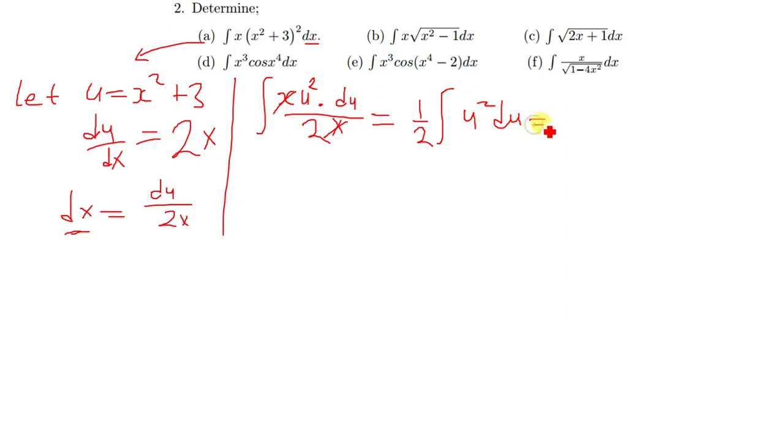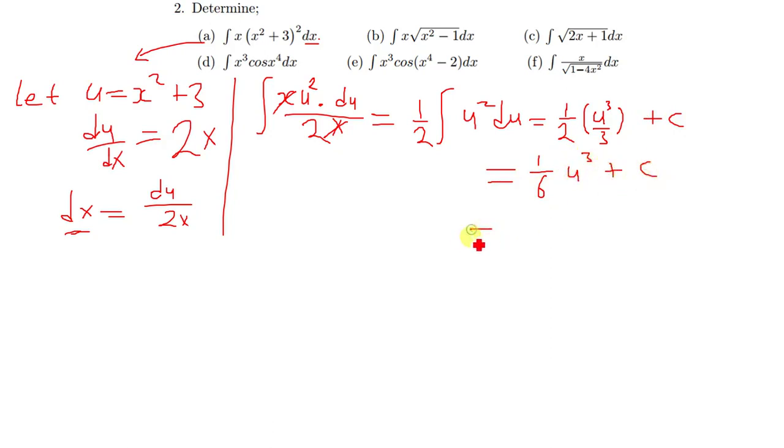How do you integrate this? When you are integrating this, we're going to add 1 to the power there. So you're going to have first 1 over 2, and then you add 1 to the power, meaning you're going to have u to the power 3, and then over 3, over the new power, and then plus c. So our integral there will be 1 over 2 times 3, you get 6, and then u to the power 3 plus c.